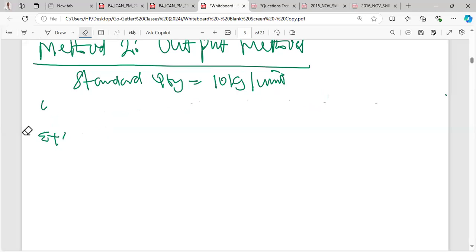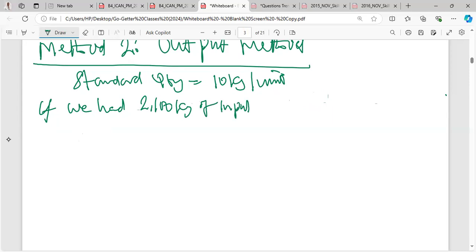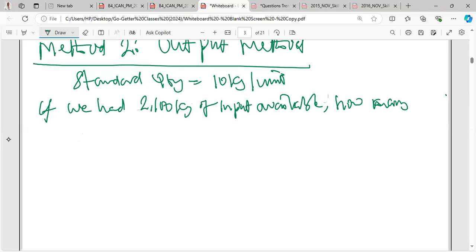Standard quantity is 10 kilogram per unit. If we had 2,100 kg of input available, how many outputs should we get?